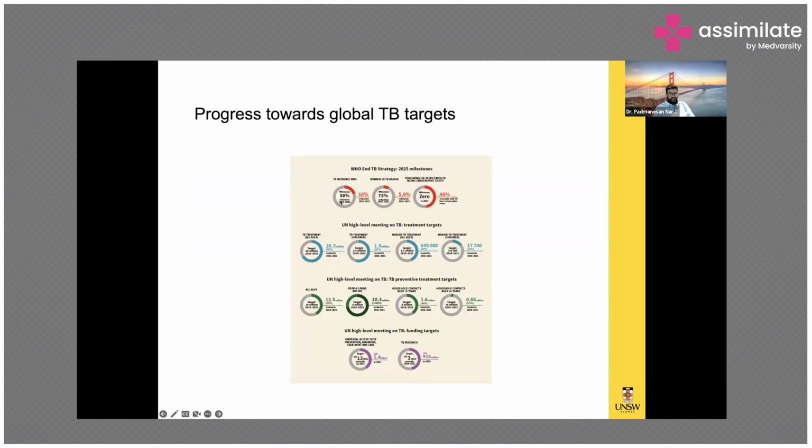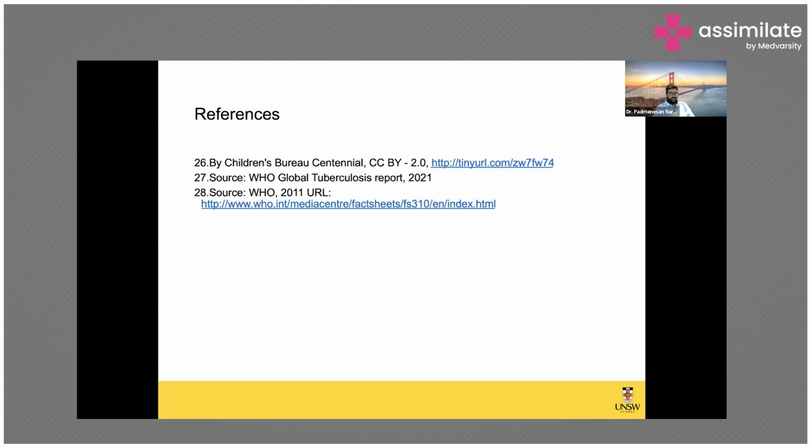No. 50% of incidence has been reduced, and the number of TB deaths, which is really good, has reached nearly 75% of the milestone. So those goals are really good, but incidence is not, because only 50% has been reduced.